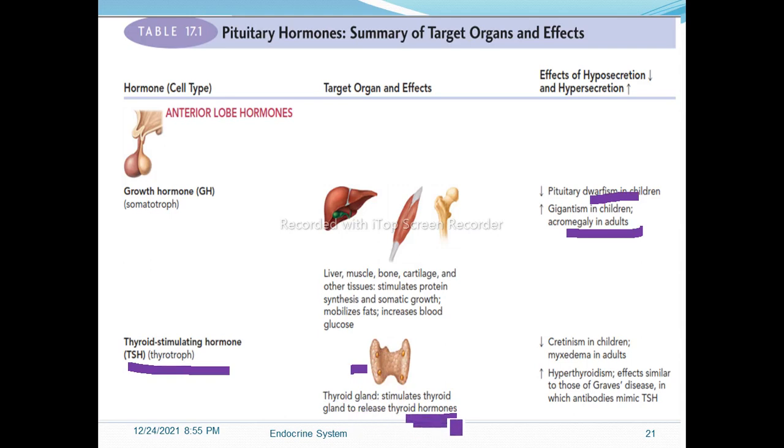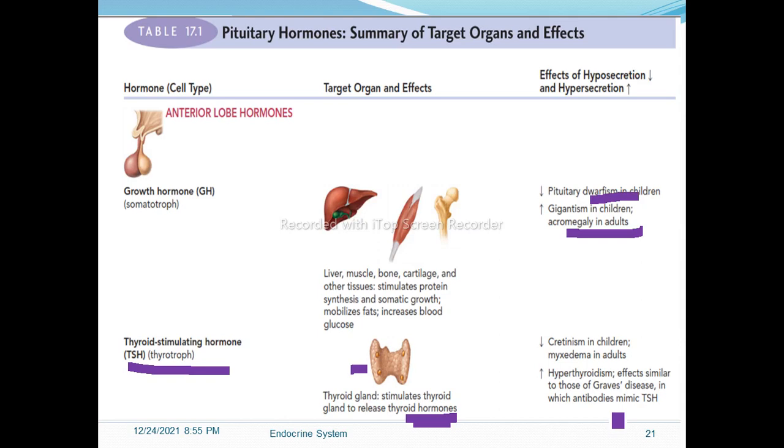A decrease in thyroid hormone leads to cretinism in children or myxedema in adults, and an increase in the amount of thyroid hormones leads to hyperthyroidism, with effects similar to those of Graves' disease, in which antibodies mimic thyroid stimulating hormone.